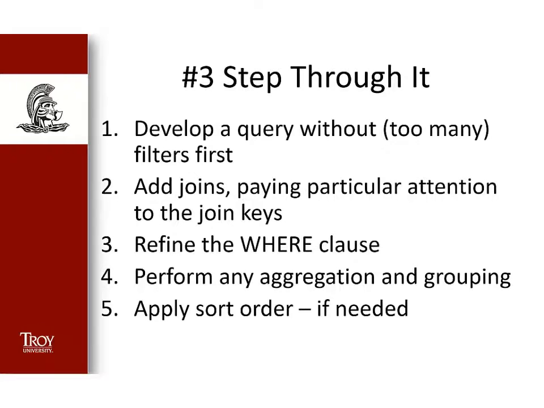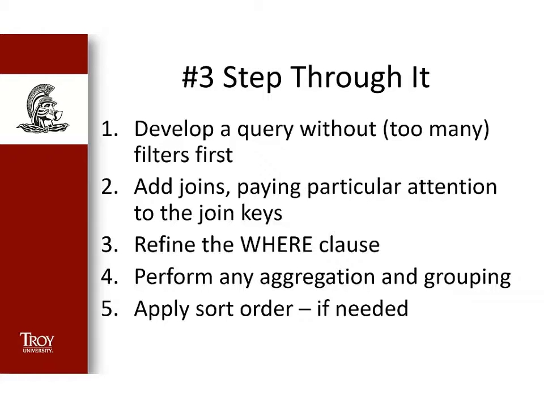Number three, as you are developing complex queries, you should consider following a disciplined approach to developing the query step by step. First, we might develop a query that has virtually no or few filters. In other words, restricting the where clause to the absolute minimum number of conditions that we can afford to use.